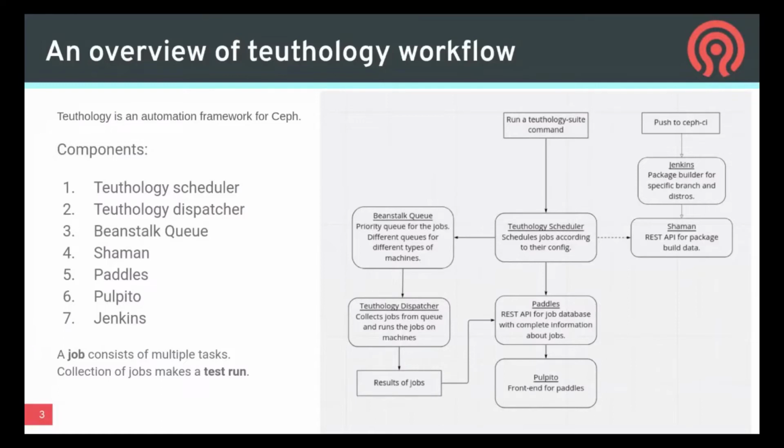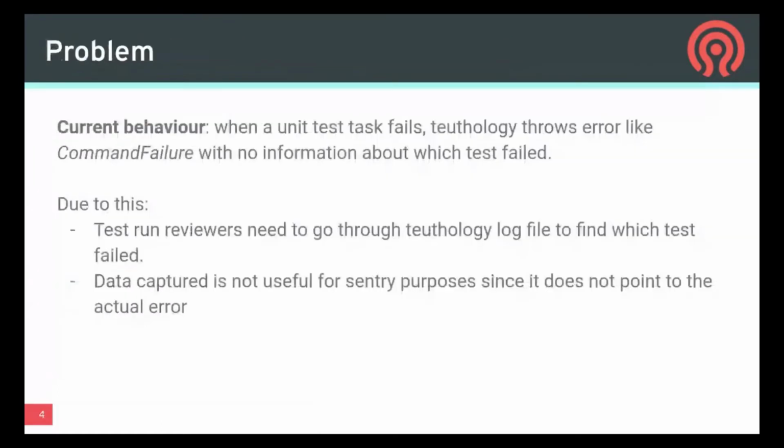So the problem that I worked on was, we have tasks in our jobs. Those tasks could be unit tests, and when those unit tests fail, Teuthology throws a command failure error, which is a vague error that does not specify which unit test is failing.